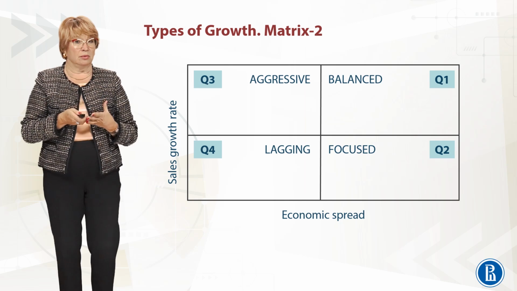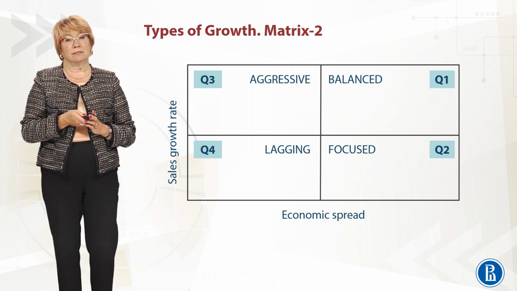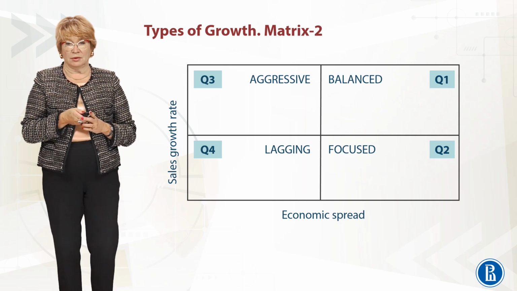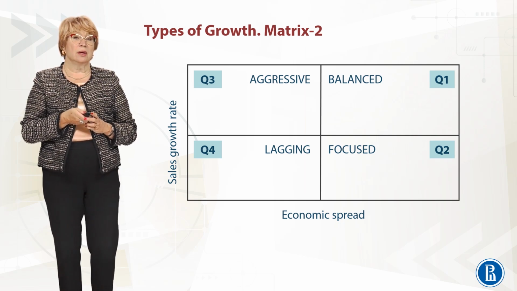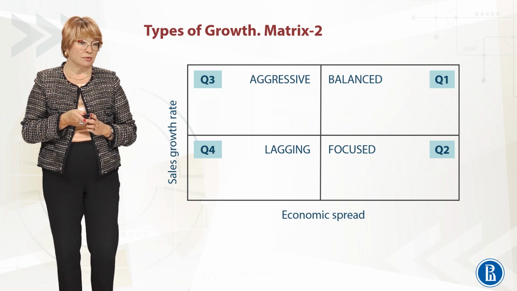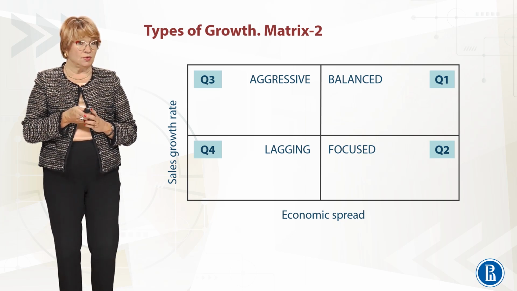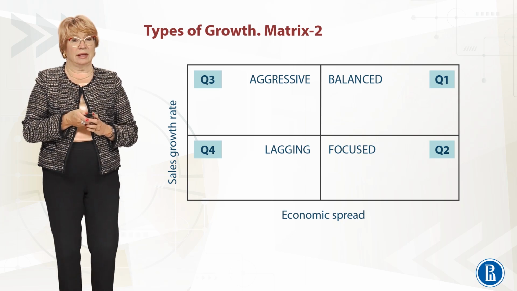But what I now would like to strengthen when talking about these additional metrics is that, again, we may have the same types of quality of growth: balanced, focused, aggressive, and lagging.